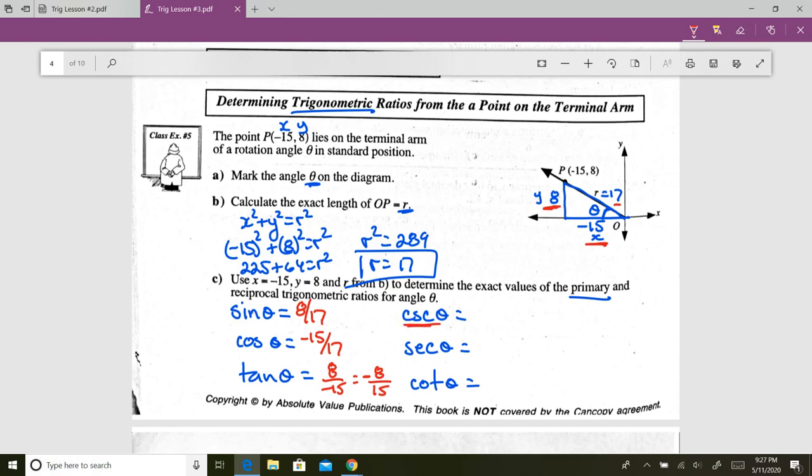Cosecant, 1 over sine, so it's 17 over 8. Secant is 1 over cosine, so it's negative 17 over 15. Flip that one. And cotan, finally, is negative 15 over 8. And you're done. Okay, so draw a picture. In this case, they had it drawn. Figure out your radius, your r value, and then just write their ratios. That's it.